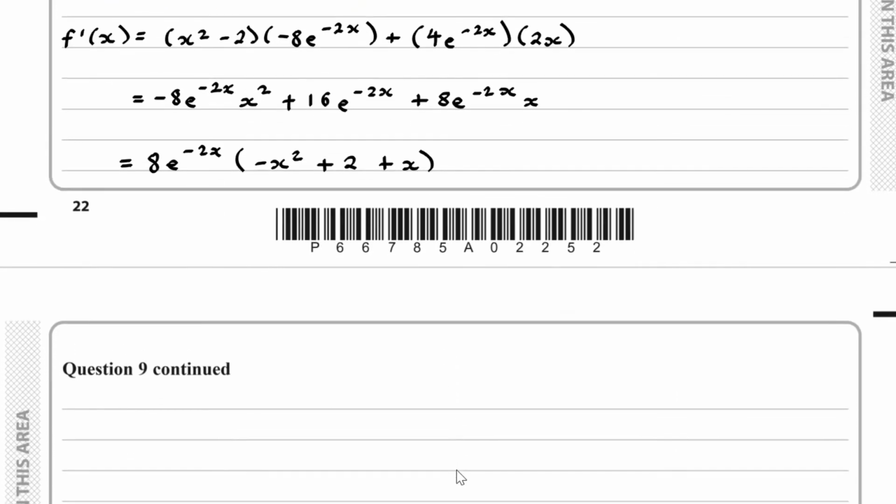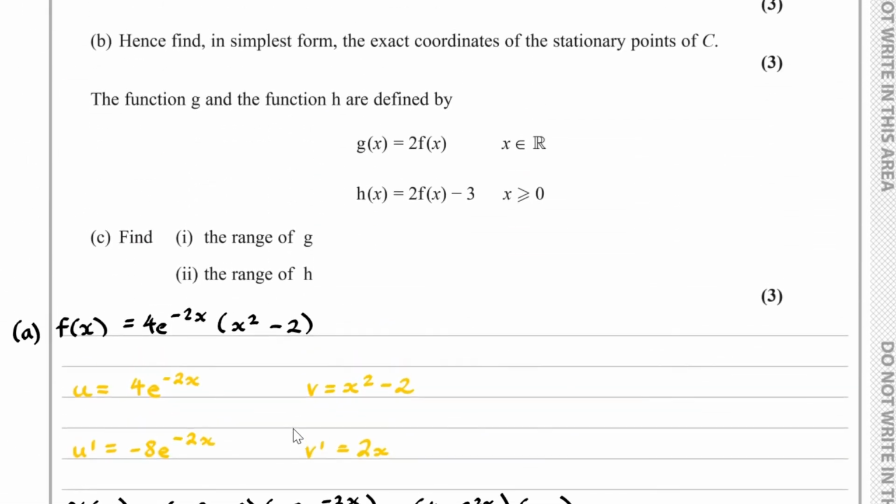And therefore we can conclude f dash of x is equal to 8 lots of 2 plus x minus x squared lots of e to the minus 2x. And that's what we wanted to show.